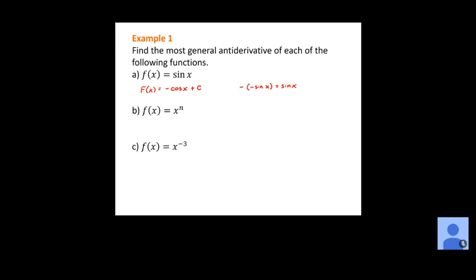Any questions about how we got that as our antiderivative this time? So again, f prime would be equal to this, but this is what we're actually looking for.